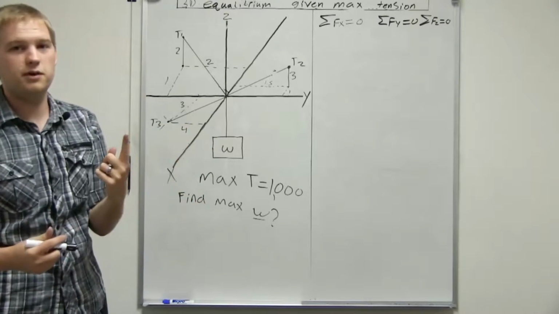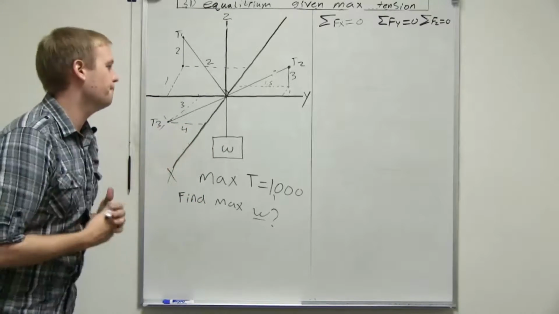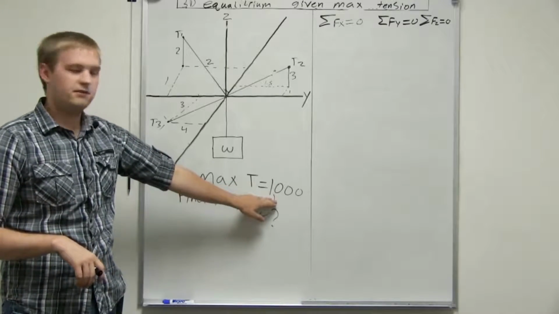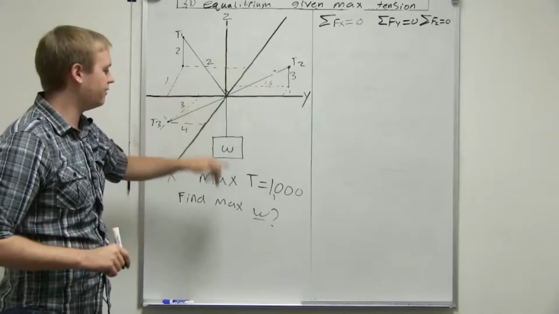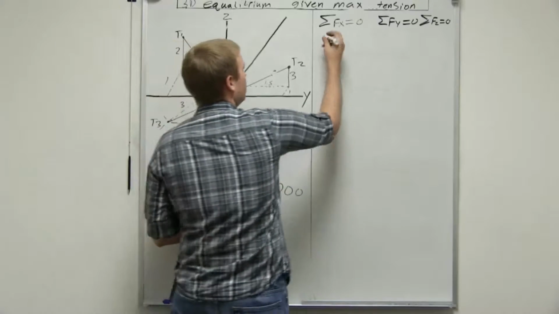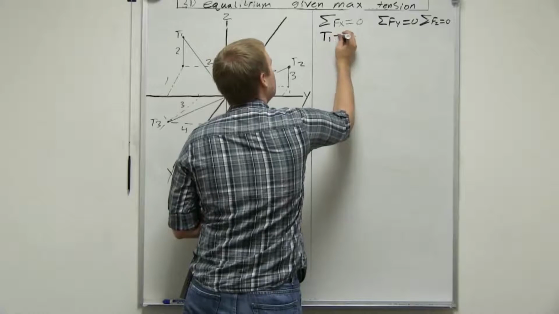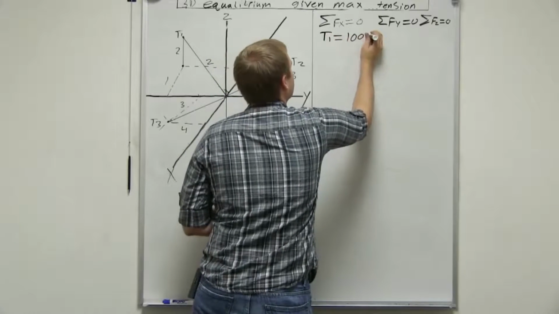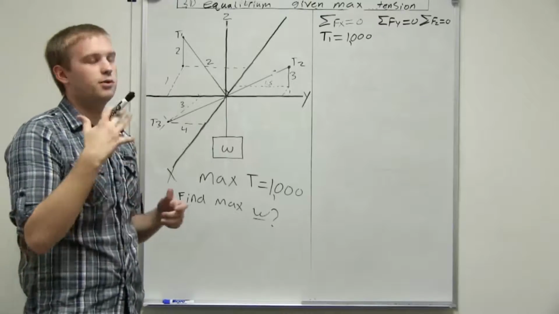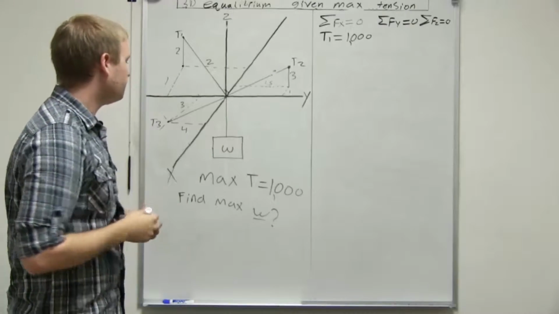So we need one more equation to be able to solve this. Well, for the last equation, we know that the max tension in one of these has to be 1,000 pounds. So we'll just set one of them equal to 1,000. For simplicity, we're going to say T1 equals 1,000. So there are our 4 equations.